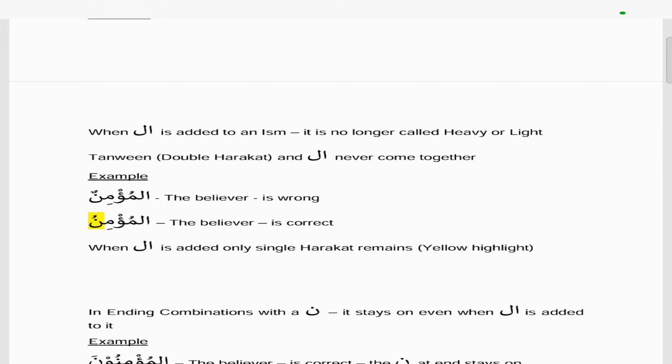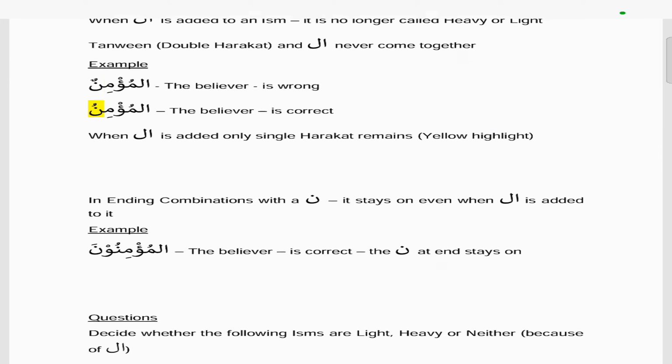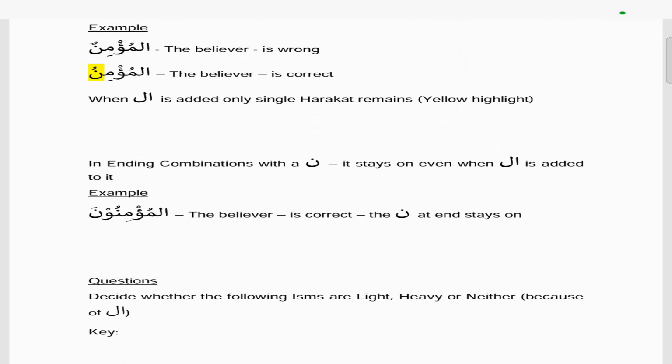When al is added, only a single harakat remains, which is highlighted in yellow. But remember that when there's an al on the ism, the concept of heavy and light just doesn't apply. This word highlighted in yellow, you can't say it's heavy or light because there's an al on it. In any combinations with a noon, the noon stays on even when al is added.